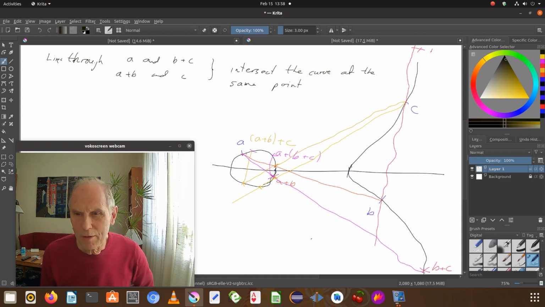So A plus B there, and then B plus C, down there, and then A and B plus C. I don't think I can come any closer to it at all.